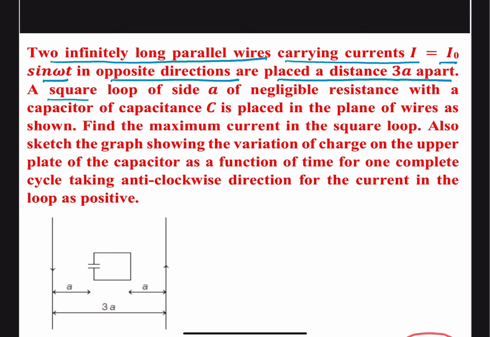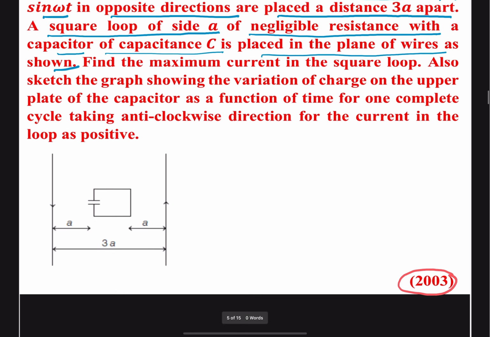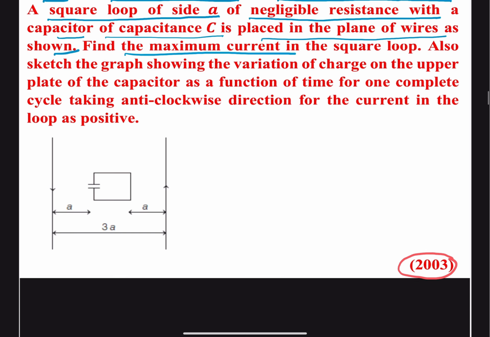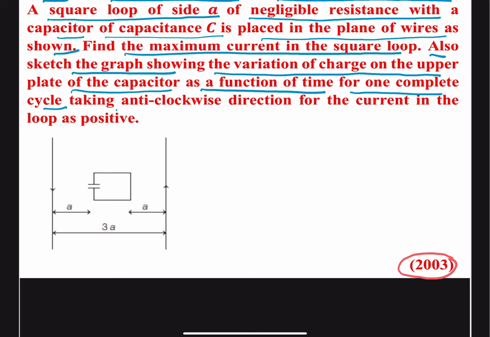A square loop of side a of negligible resistance with a capacitor of capacitance C is placed in the plane of the wire as shown in the figure. Find the maximum current in the square loop. Also sketch the graph showing the variation of charge on the upper plate of the capacitor as a function of time for one complete cycle, taking anti-clockwise direction for the current in the loop as positive.